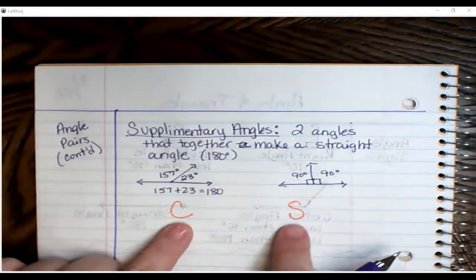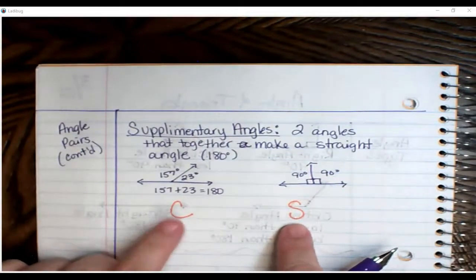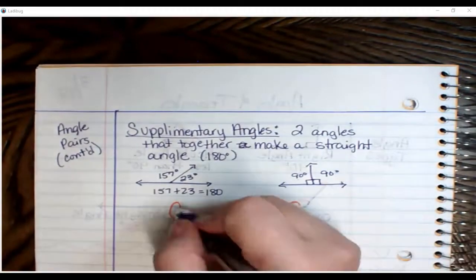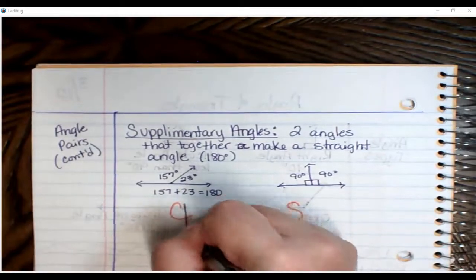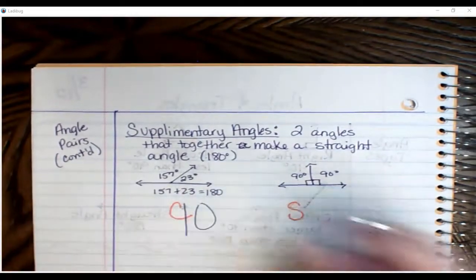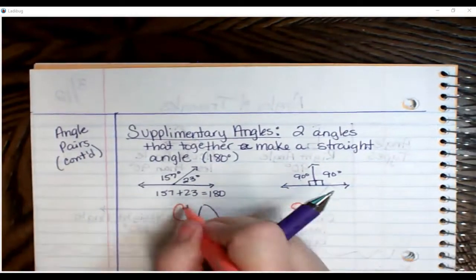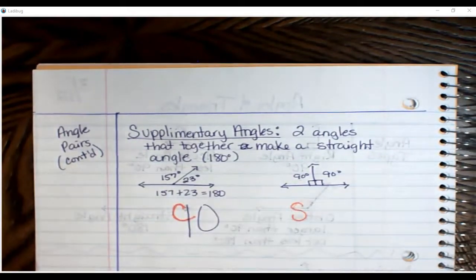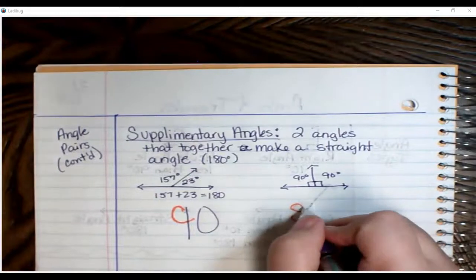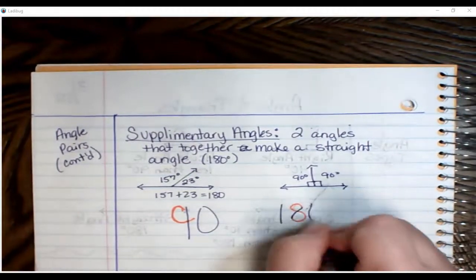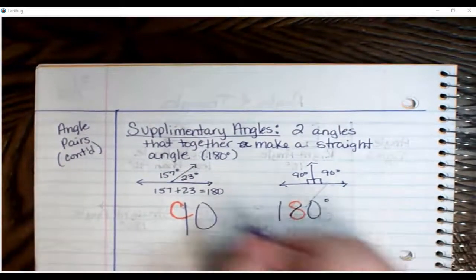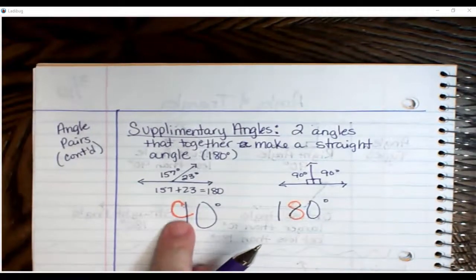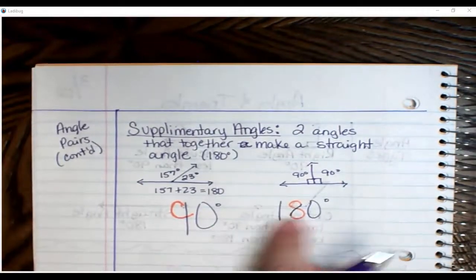For complementary, we turn the C into part of the 9 for 90. The S, I'm going to turn into an 8, and it becomes 180 degrees. Complementary, 90 degrees. Supplementary, 180 degrees.